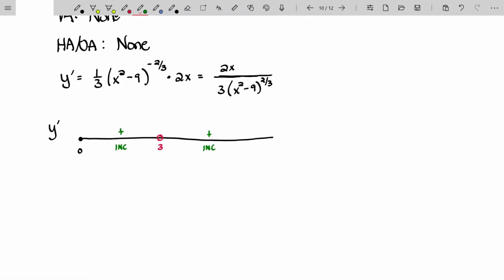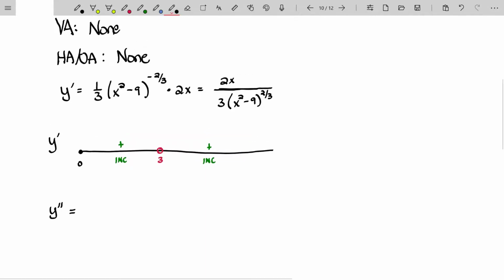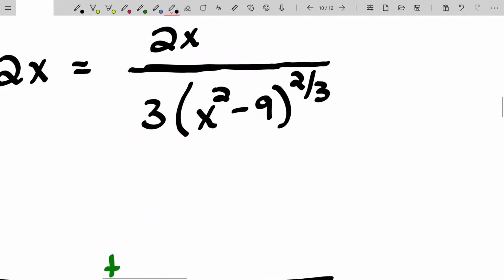Moving on, y double prime. Again, I'm only going to worry about the right side of the graph, and I guess I should probably take the derivative before I just willy-nilly start drawing a line. Let's take the derivative of that derivative, and this will be the quotient rule.